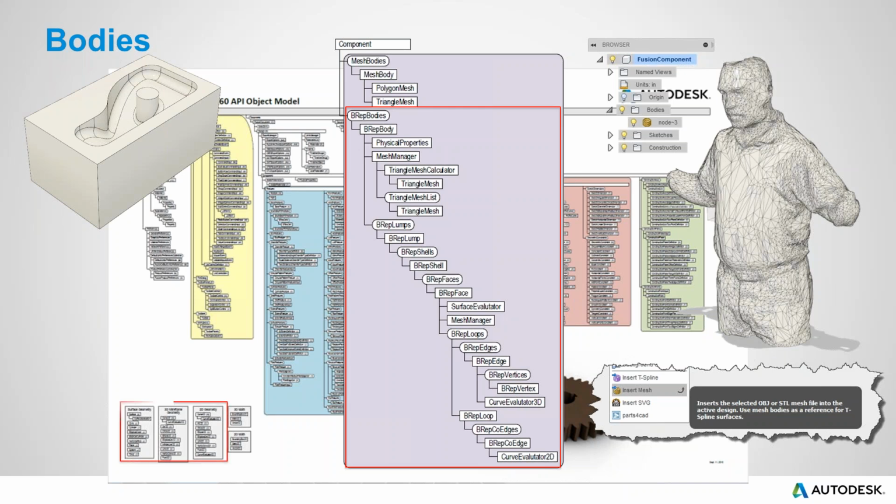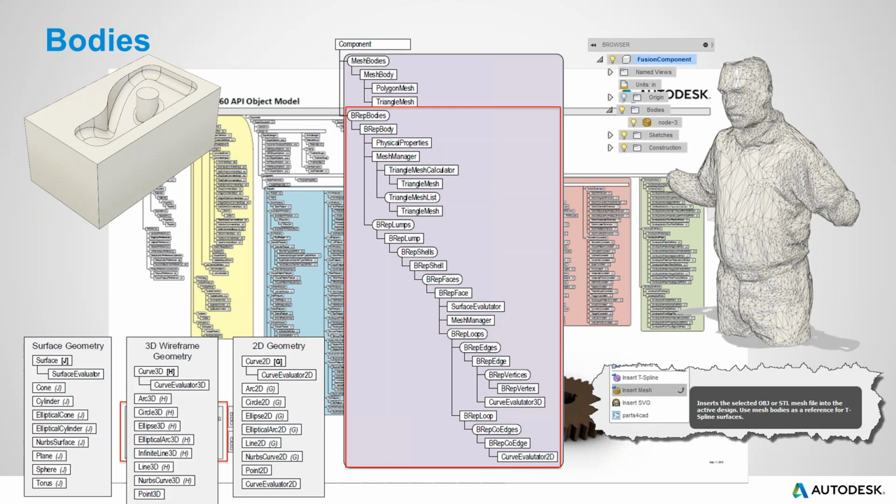Also, there's this area at the bottom of the chart that comes into play with this geometry. So, for example, when I ask a face, give me your surface, it's going to return one of these kinds of objects that I can then query and get more information. If it returns a cylinder, then I can find out what the orientation and diameter of the cylinder are.